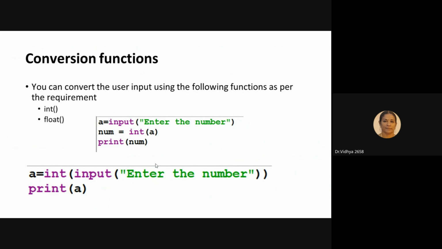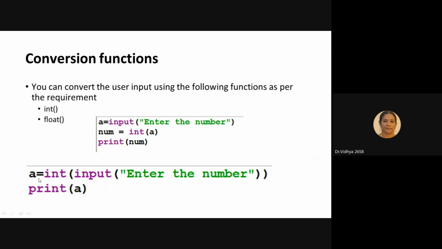For that conversion, the strings can be converted to an integer value as well as a float value. For that, you are supposed to explicitly use a function named after the data type to which it is to be converted, and within the brackets that particular attribute should be specified. Then int of a, int of b, float of a, float of b, like that.